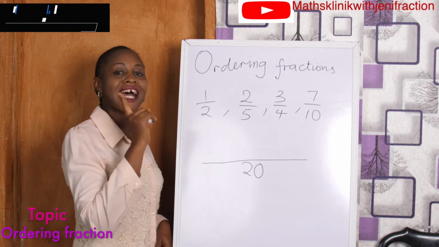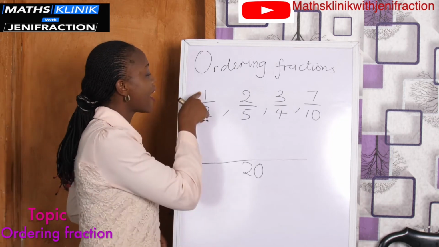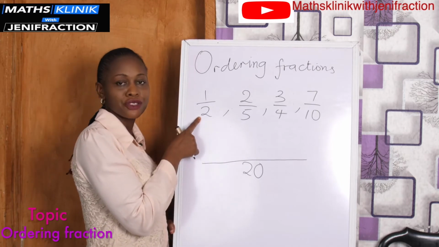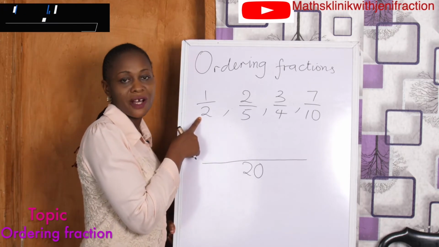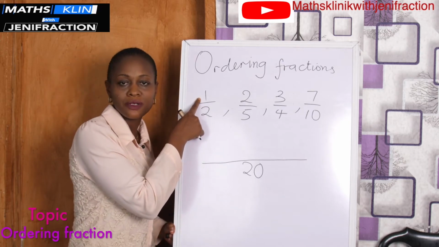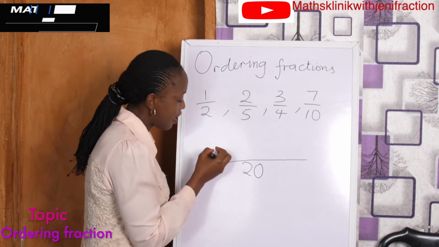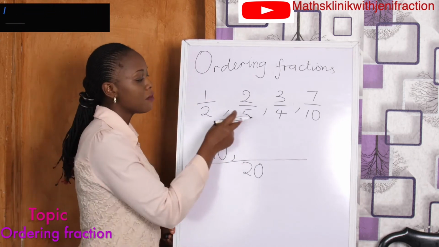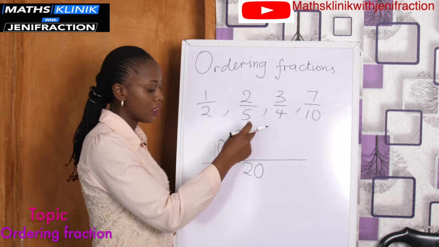Then I'll say 10 times 1. 10 times 1 is 10. I write down my 10. My comma. I'll move to the next fraction.